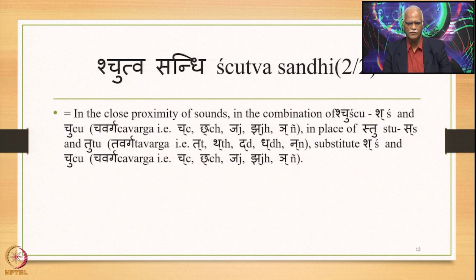All this put together, the meaning of stoshchunashchuhu can be stated in this manner. In the close proximity of sounds, samhitayam, in the combination of shchu, that is sh and chu, that is chavarga, ch, chh, j, jh and y, in place of stu, namely sa and tu, that is tavarga, ta, th, d, dh and n, substitute sh and chu, that is chavarga.